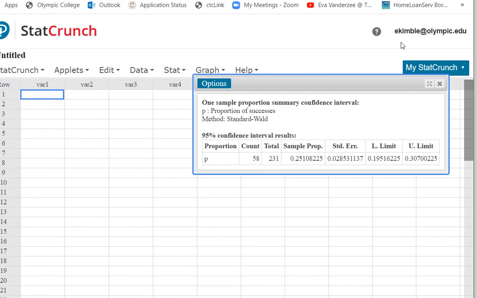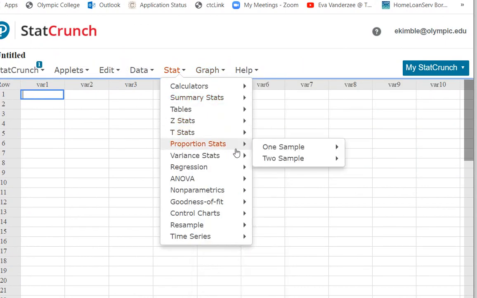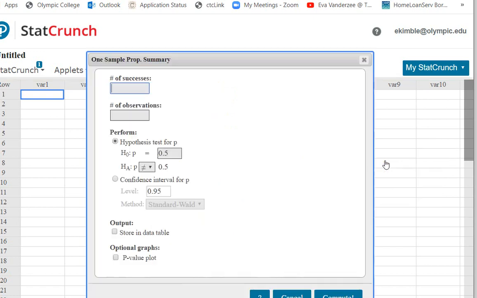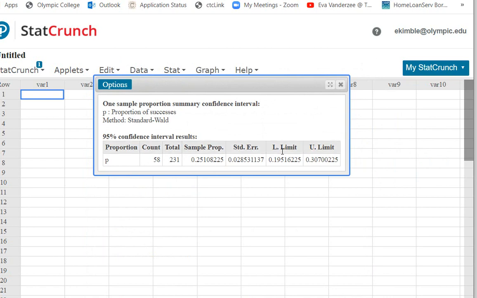Okay, so one more time, you're going to go Stat, Proportion Stats, 1 Sample with Summary. You're going to put the number of successes, the number of observations, and then hit confidence interval. After you hit that, you're going to see the lower limit, that's the lower end of your confidence interval, which would be about 19.5%.